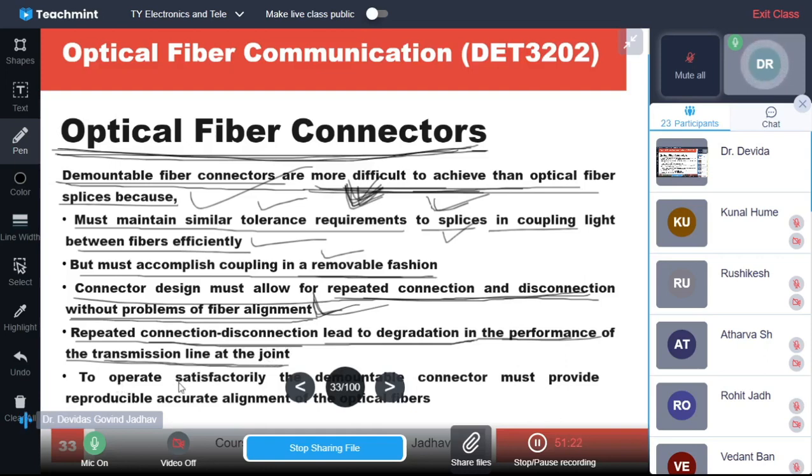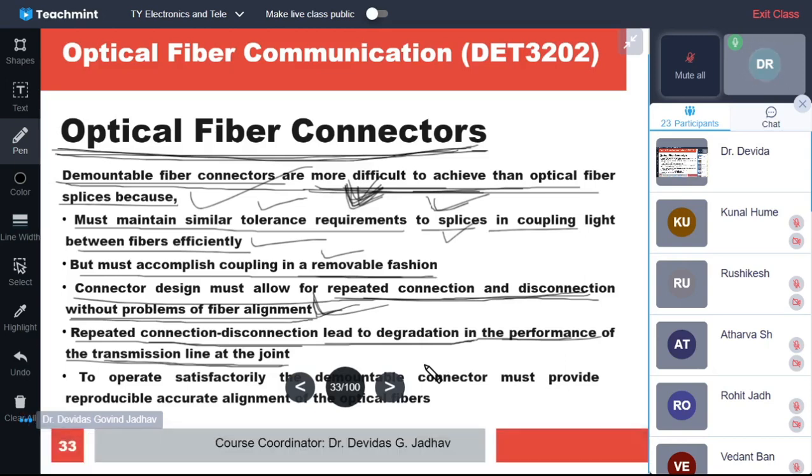To operate satisfactorily, the demountable connector must provide reproducible accurate alignment of the optical fibers. Reproducible alignment means each time that alignment should be produced in the fiber connectors. Whenever there is a mounting of the connector, alignment is produced, again demounted.